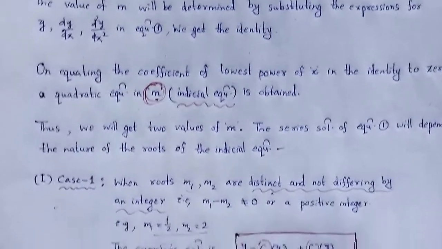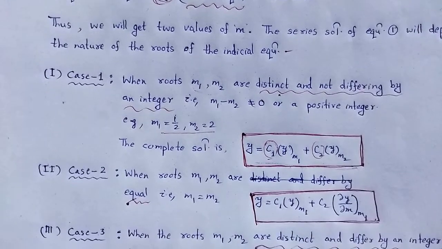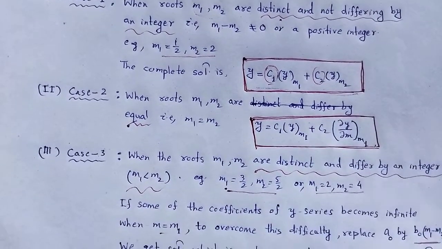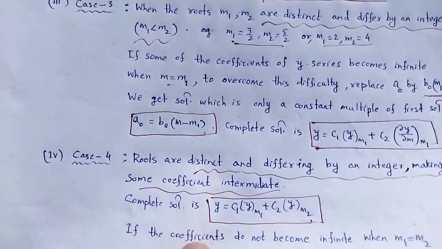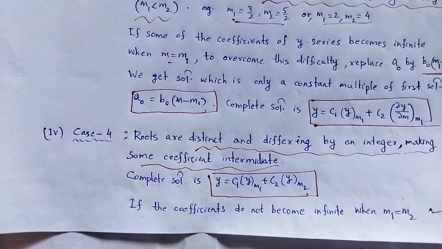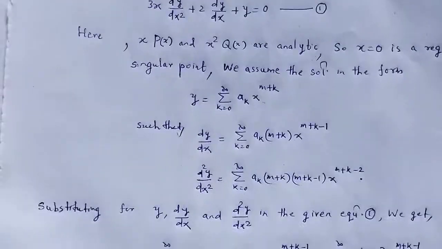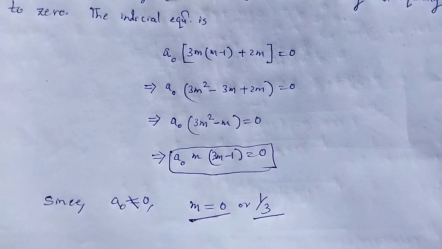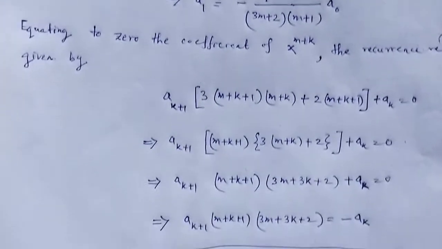This is the method, and the solutions are based upon 4 different conditions. And finally a problem and its solution by using the Frobenius method.